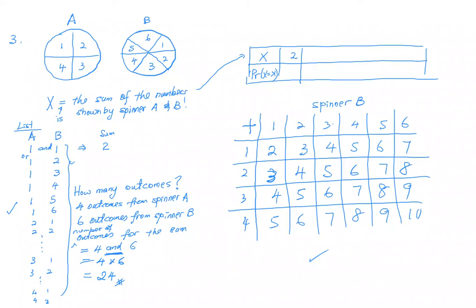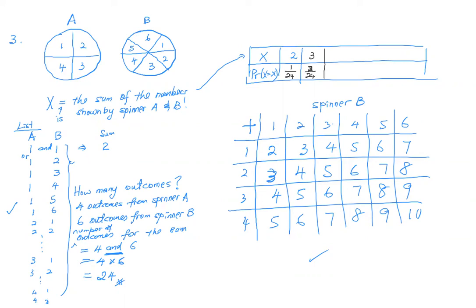When the sum is 2, out of 24, the probability here, we will write 24. Out of 24, how many times is 2? 1. Out of 24 times, how many times is 3? 2 times.